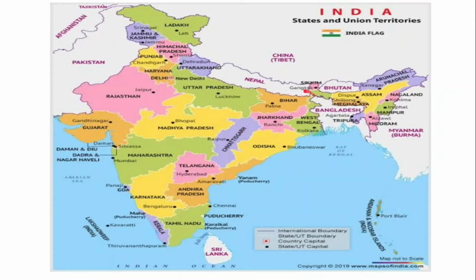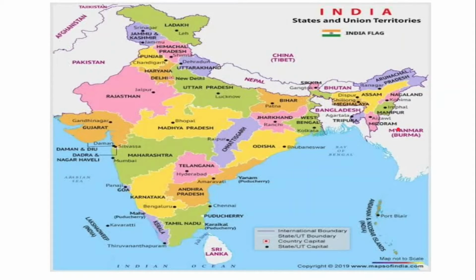Bhutan: bordering states are Arunachal Pradesh, Assam, Sikkim and West Bengal. Next, China: bordering states are Jammu and Kashmir, Himachal Pradesh, Uttarakhand, Sikkim and Arunachal Pradesh.